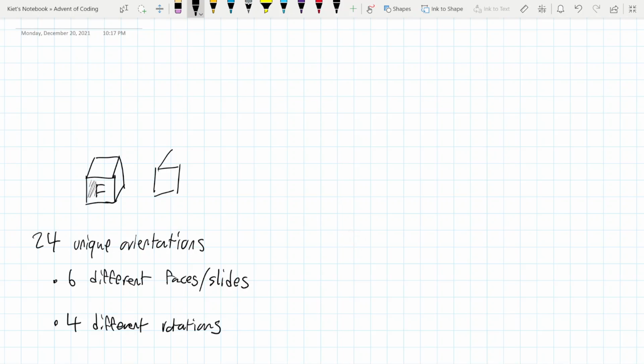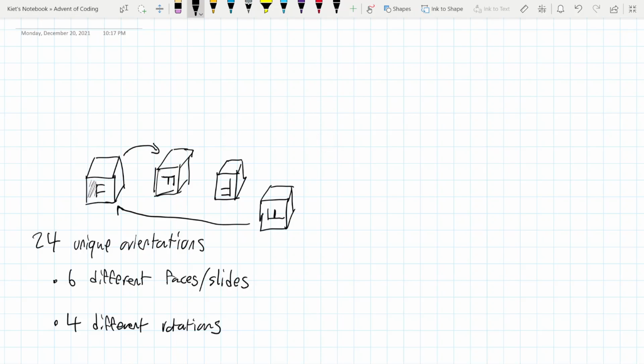Another orientation that we can have via rotation is something like this. So this F can be diagonal like this. Another one is that it can be like this. And then the last one is that it can be like this. And then if it rotates again, it goes back to this position.